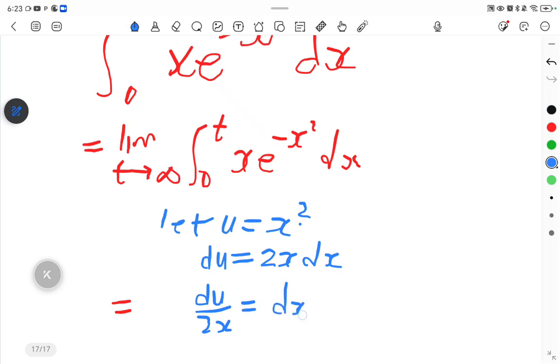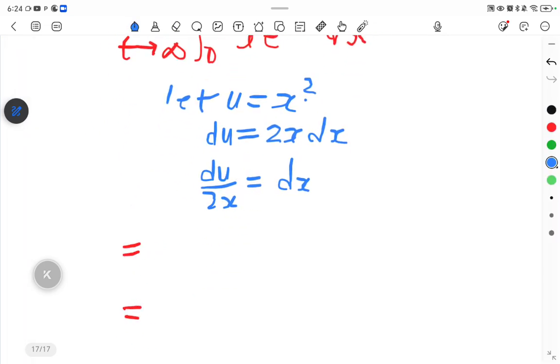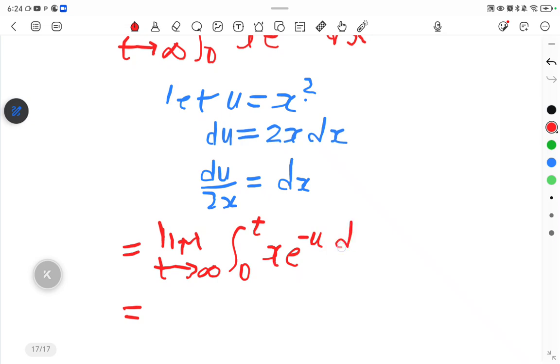You see, right? And then I go back as I did. First I start with the integral, with the limit as t approaches infinity, from 0 to t, then I have x e to the minus u du over 2x. Then we know that the x will cancel out.